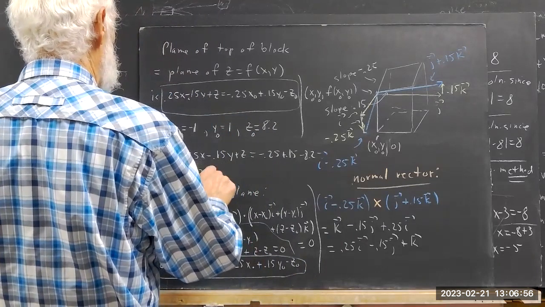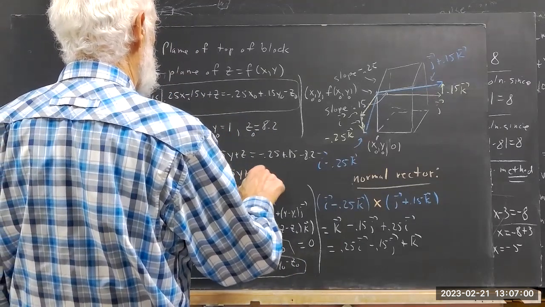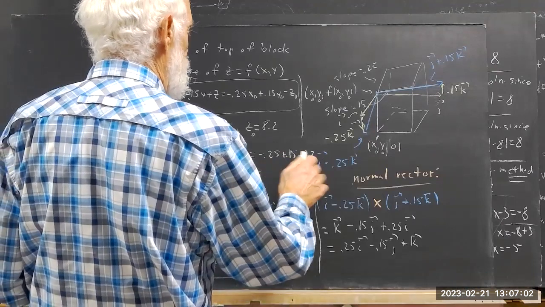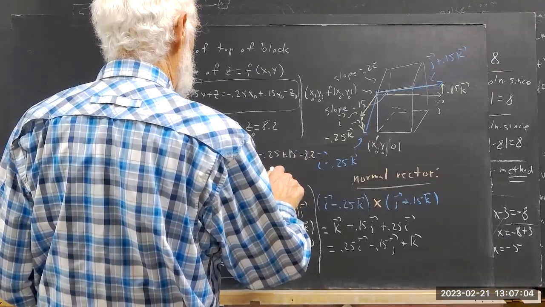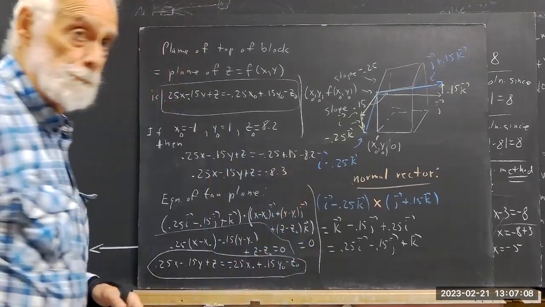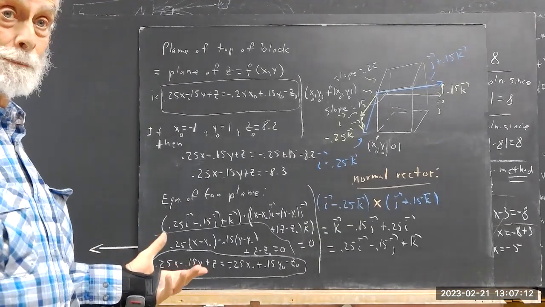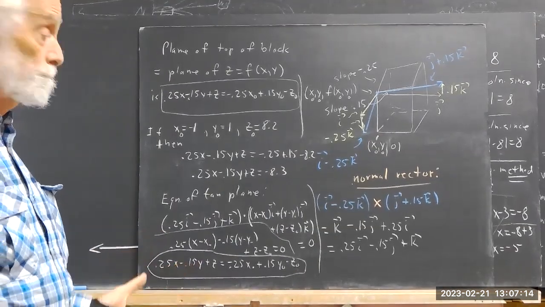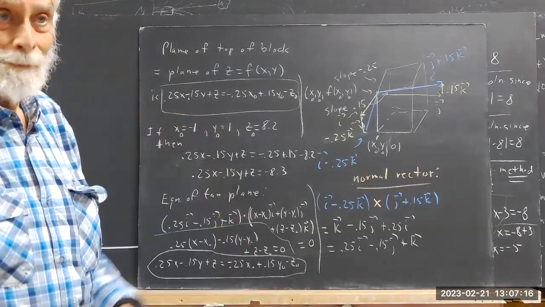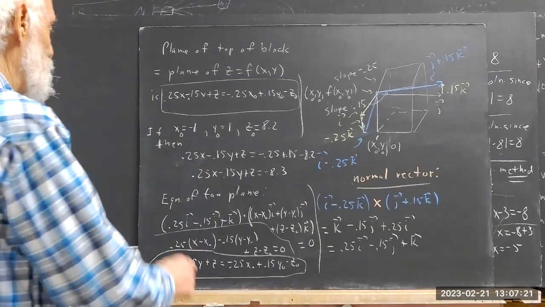So you get 0.25x minus 0.15y plus z equals -8.3. Okay. That work? And I use these numbers in an attempt not to make a stupid mistake in my calculation.